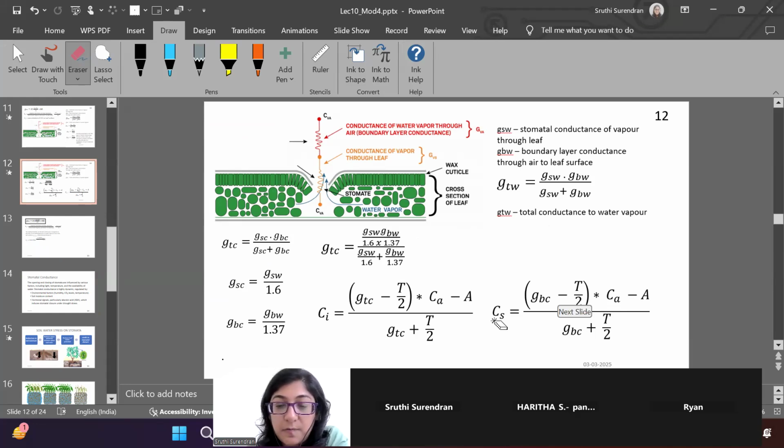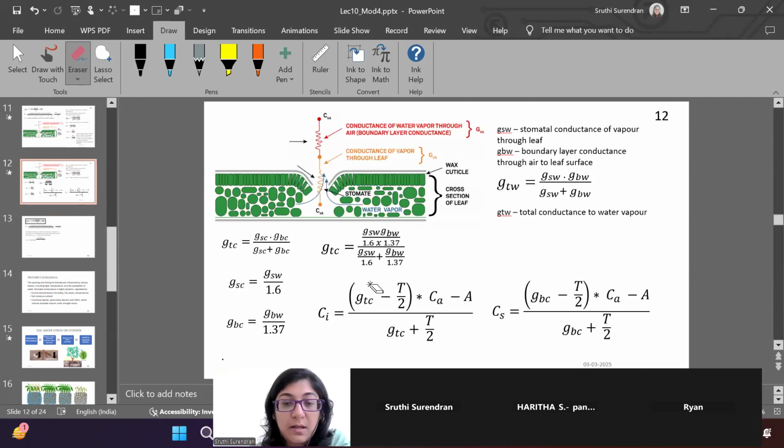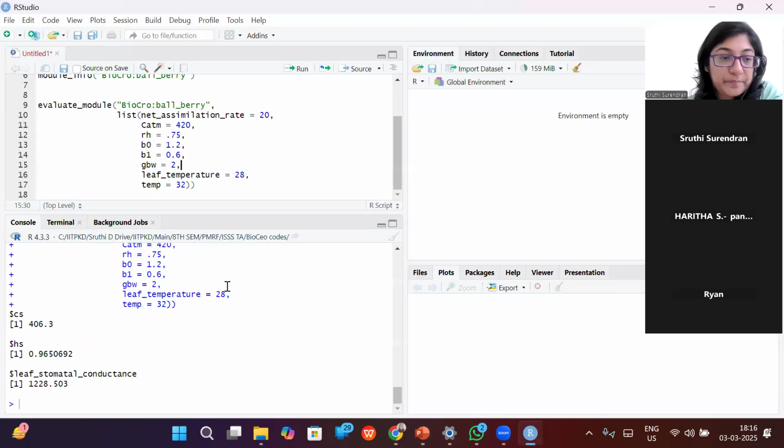Same is the condition of relative humidity on the surface of the leaf. Since the temperature of the leaf is known, we know the EI value. We just need to give the relative humidity in the atmosphere, and using the boundary layer conductance, they will find out the humidity at the surface of the leaf. So using all of those values, we can run this Ballberry model to get the linear regression line.